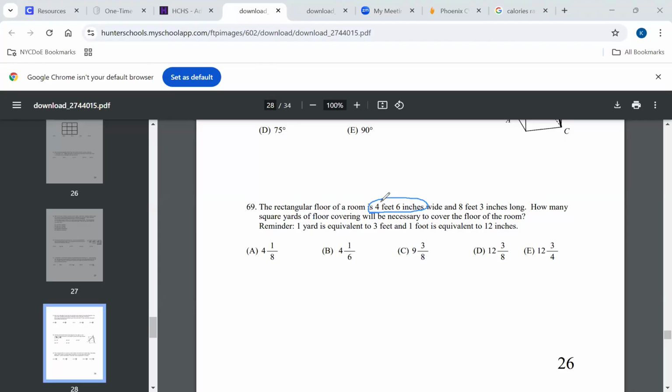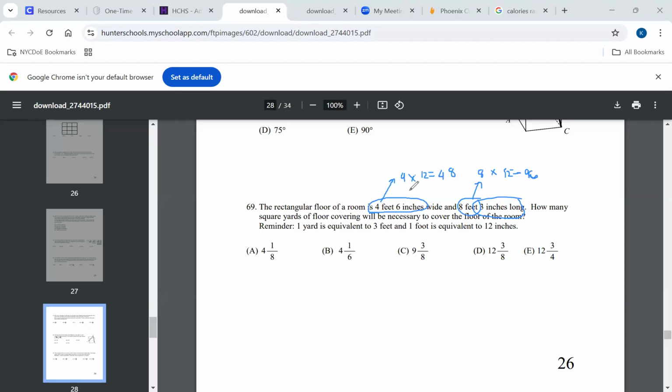Well, 4 times 12 will give you how many inches this is. So it looks like that's 48. And on the other hand, here you have 8 feet and 3 inches. So 8 times 12 is 96. And I'm so sorry, I forgot.